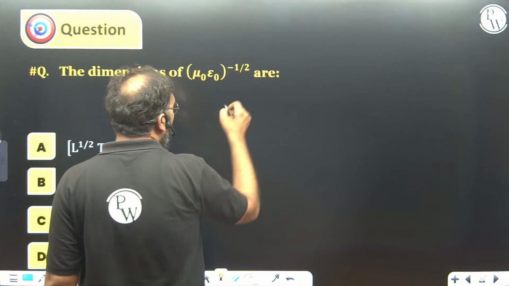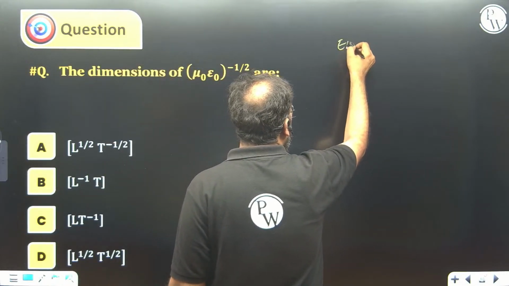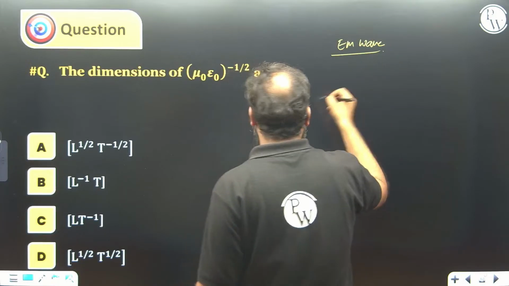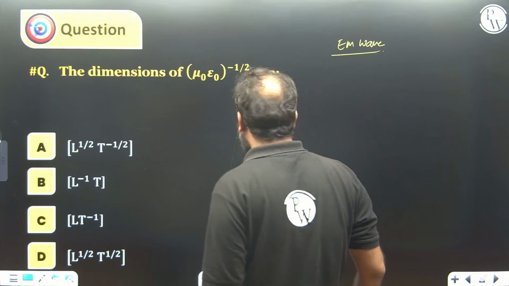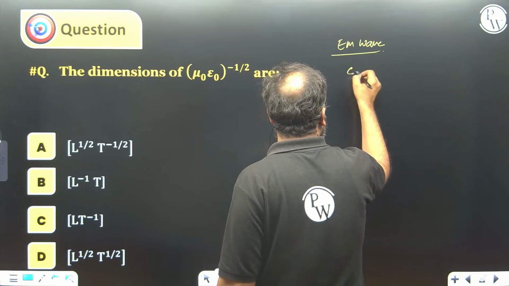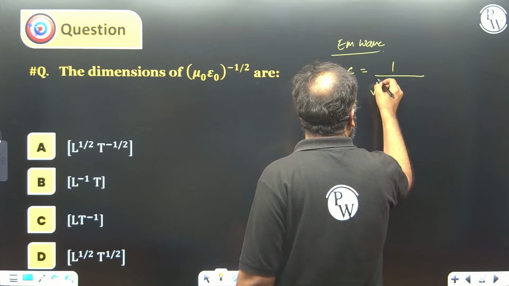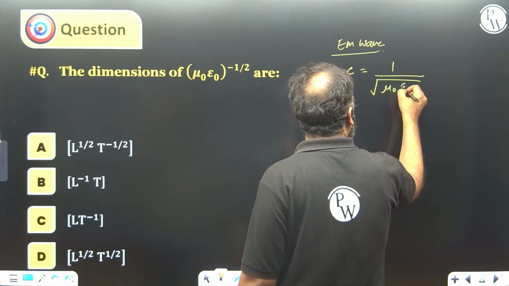If you study the chapter electromagnetic waves that is in our syllabus, you'll understand that the velocity C is 1 upon under root of mu naught epsilon naught.